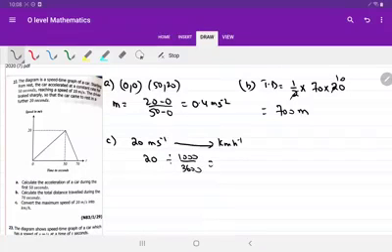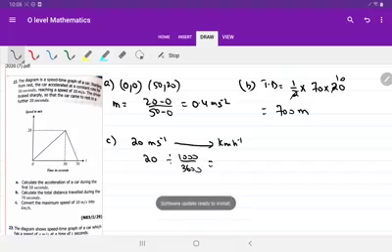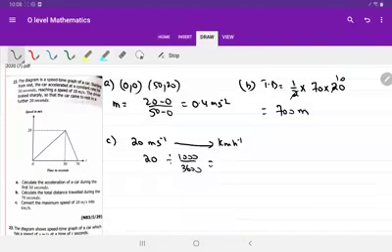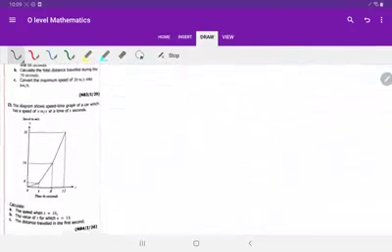So the result is 20 divided by 1000 upon 3600. And it turns out to be 72 kilometers per hour. 20 meters per second to kilometers per hour is 72 kilometers per hour.